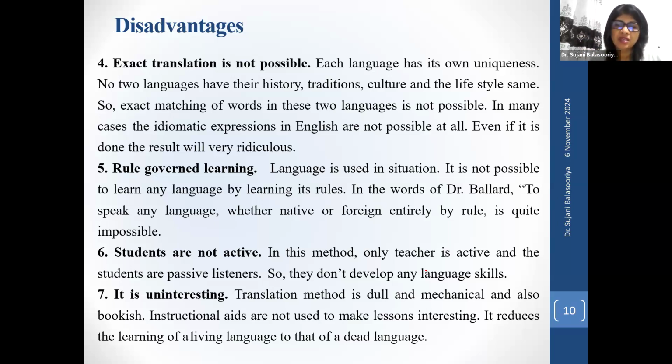Because they don't get a chance to think critically, think something of their own, or involve themselves in logical thinking. That is what I mean by no critical thinking. So they just follow what the teacher says. That's all. Very mechanical and quite passive. So language skills are not developed in that kind of situation. It is not healthy for a learner to develop language, right? And it is uninteresting after all.